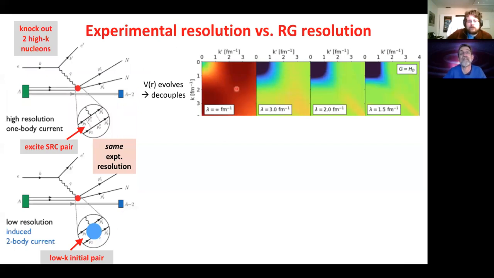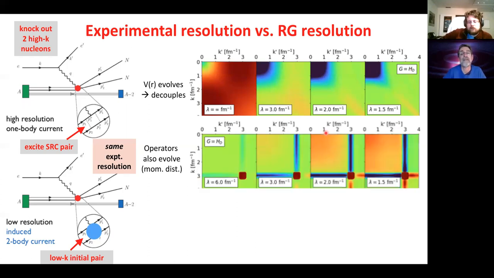This was the potential that went to this diagonal form. This is a different potential than I used before, which is why it looks slightly different. But again, low talks to low and doesn't talk to high. If I look at this operator here, here it is originally. This is the one that only talks to a high momentum nucleon.